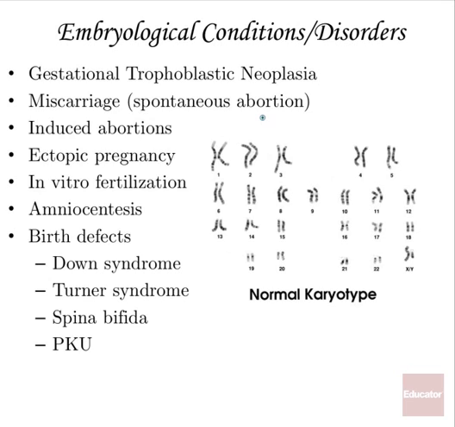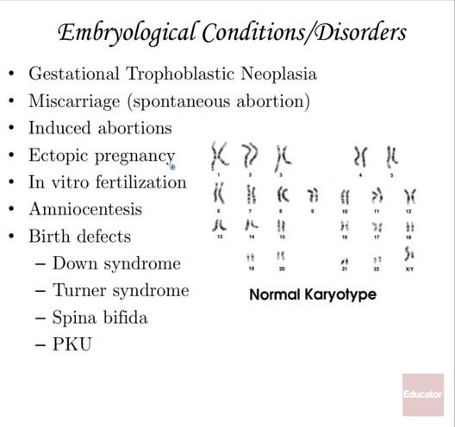Of course, drug use or alcohol abuse can increase the chances of a miscarriage. Induced abortion is the technical term for when a mother elects to actually get the baby taken out of her and terminated.